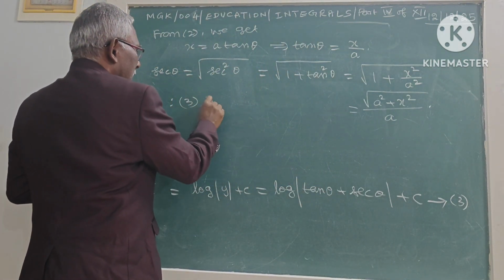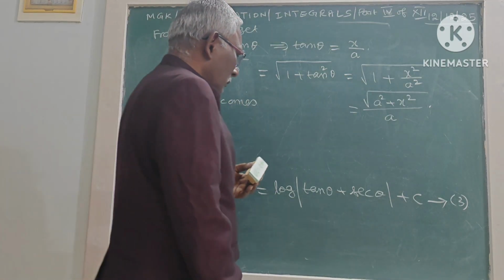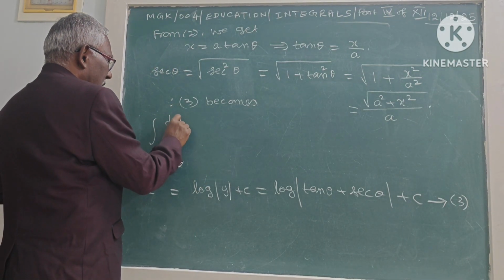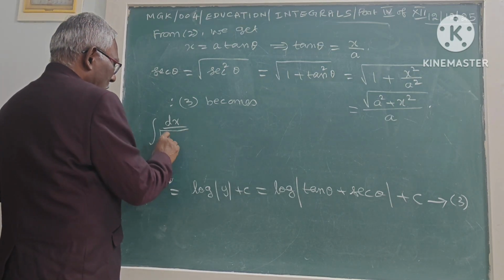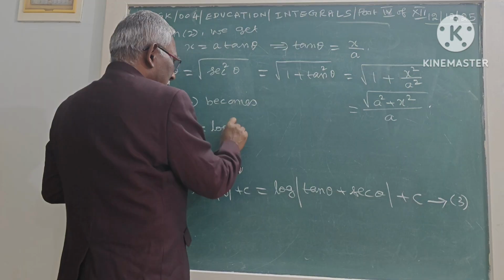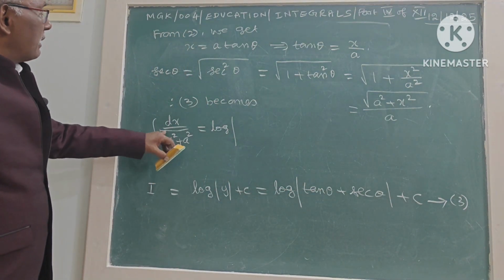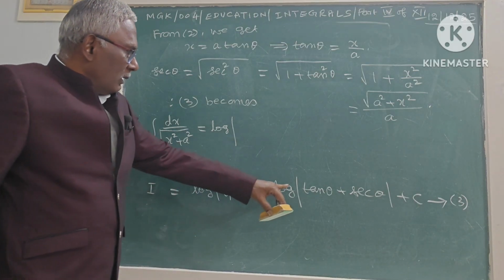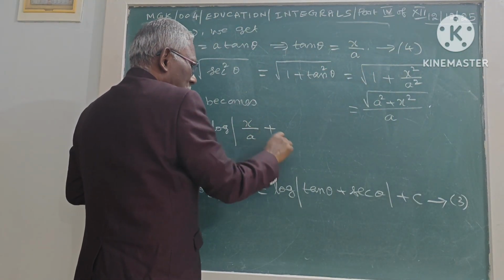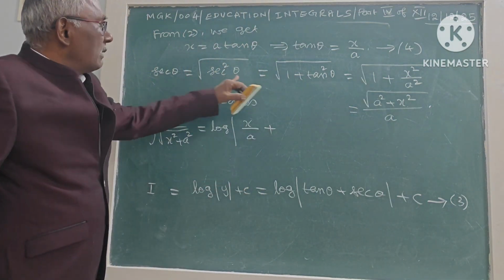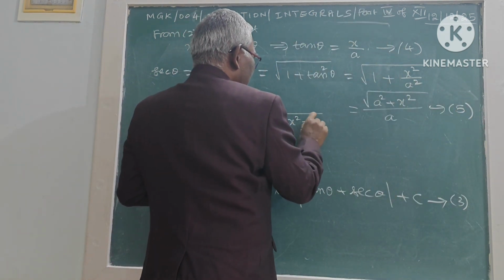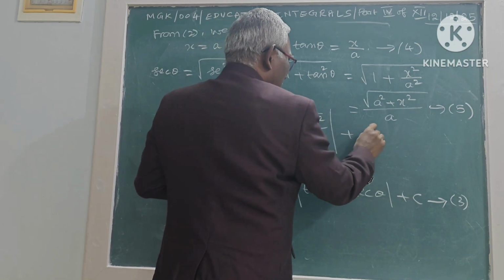Therefore 3 becomes integral dx by square root of x square plus a square is nothing but log of tan theta, where tan theta is x by a, plus secant theta, which is square root of x square plus a square by a, plus constant.